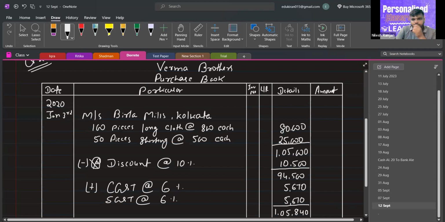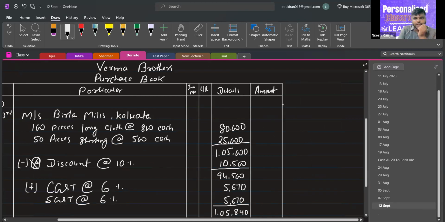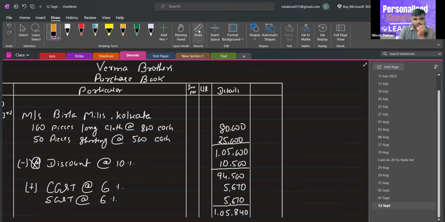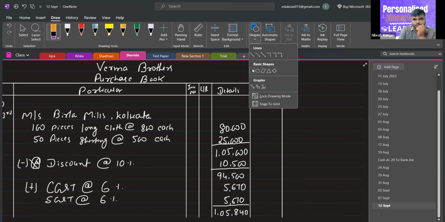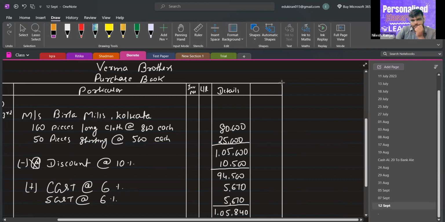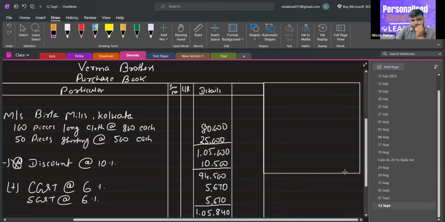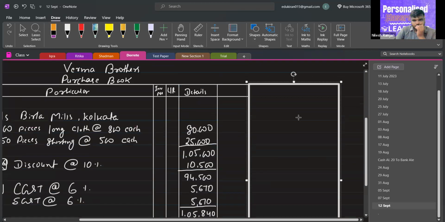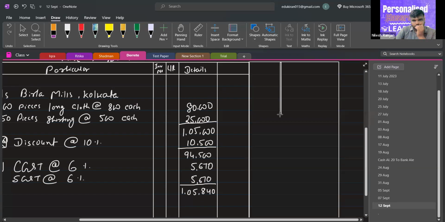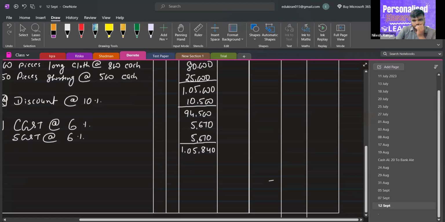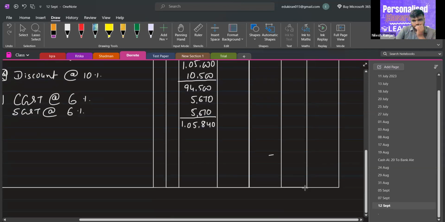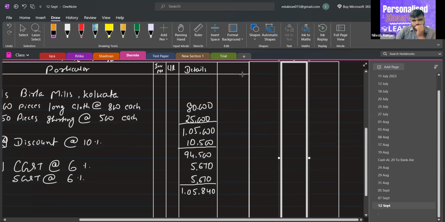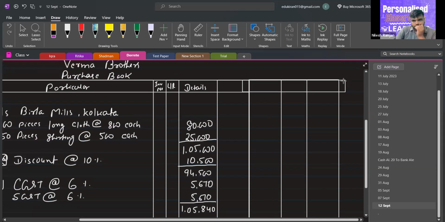Now this will change and we have to prepare more columns.